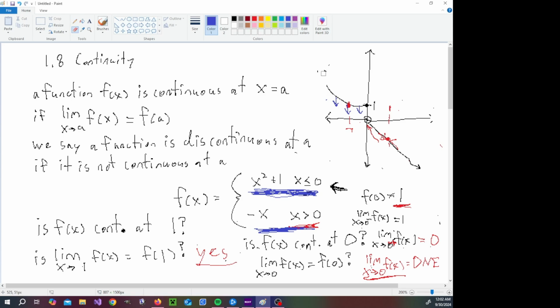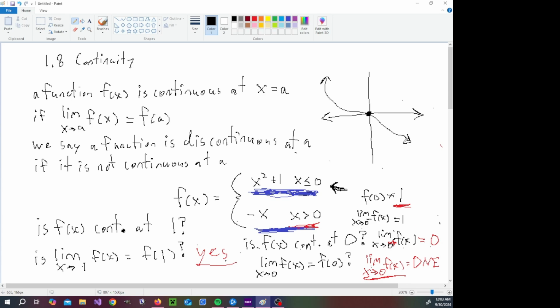So let me redraw a totally new graph that is a piecewise function, but also happens to be continuous, almost the same thing, but is continuous, would be something like this, right?